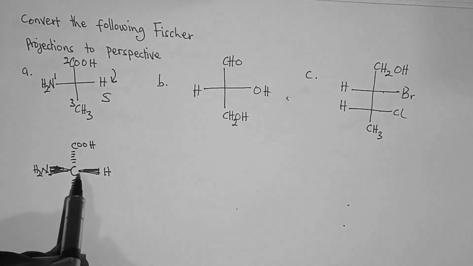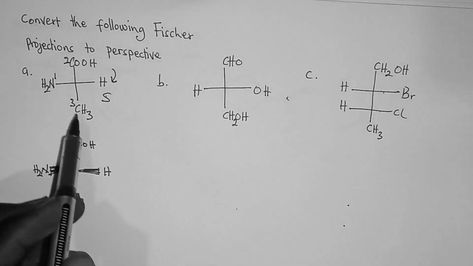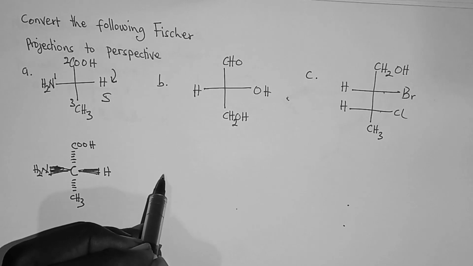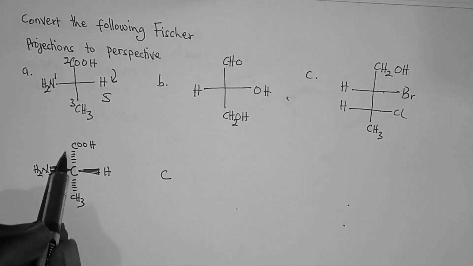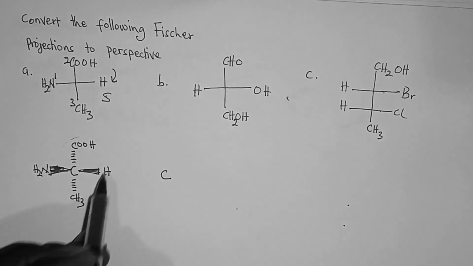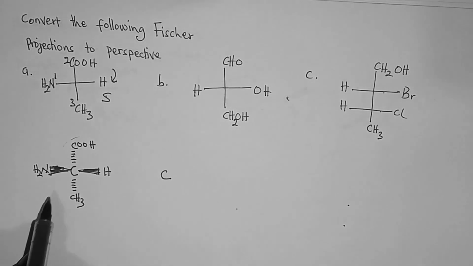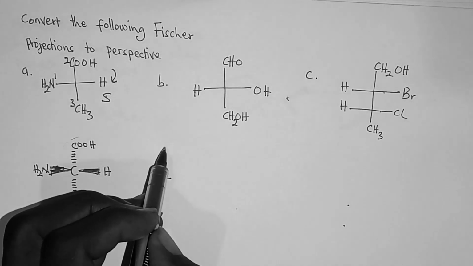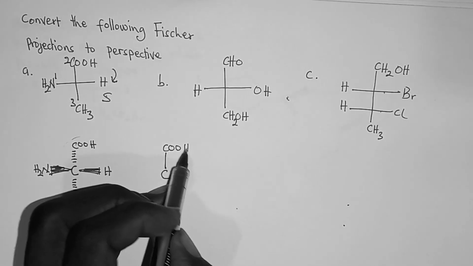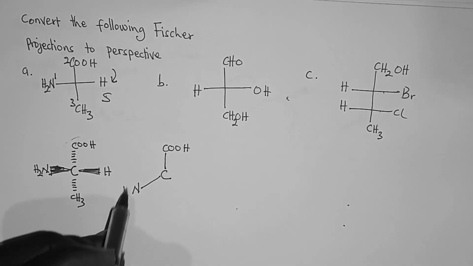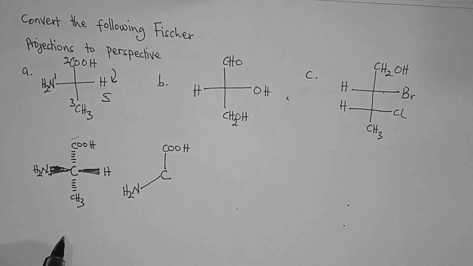So we need to draw the S configuration of this molecule in perspective. So let's try. Let's put the COOH in the plane of the molecule, and then the NH2 in the plane of the molecule.